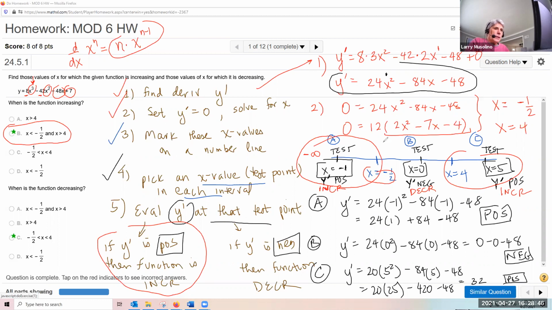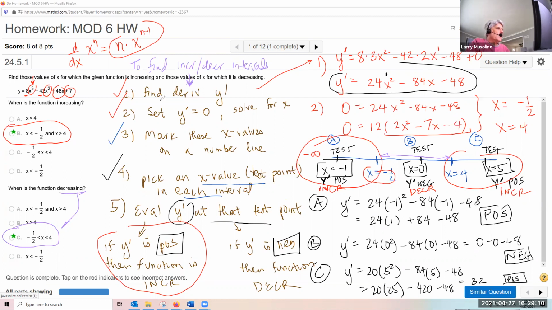Decreasing is this middle interval, between negative 1/2 and 4. Okay, so these are the steps, folks, to find increasing, decreasing intervals.